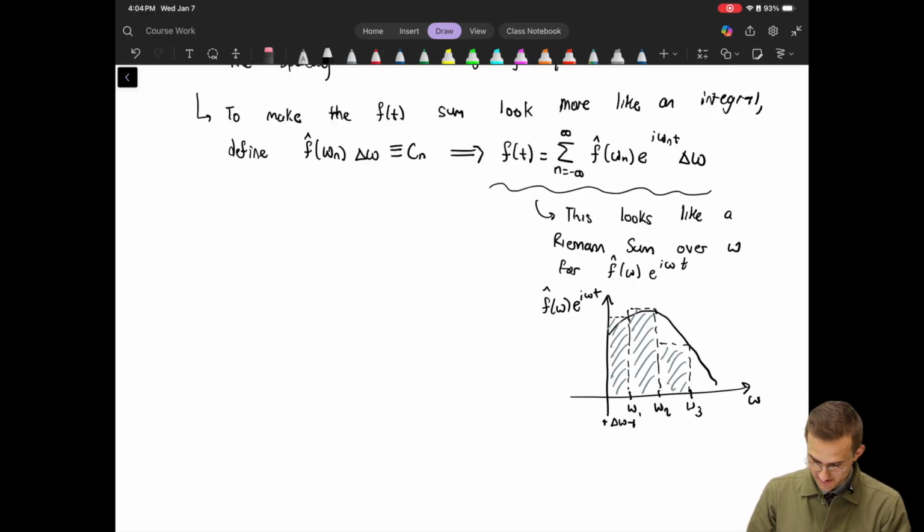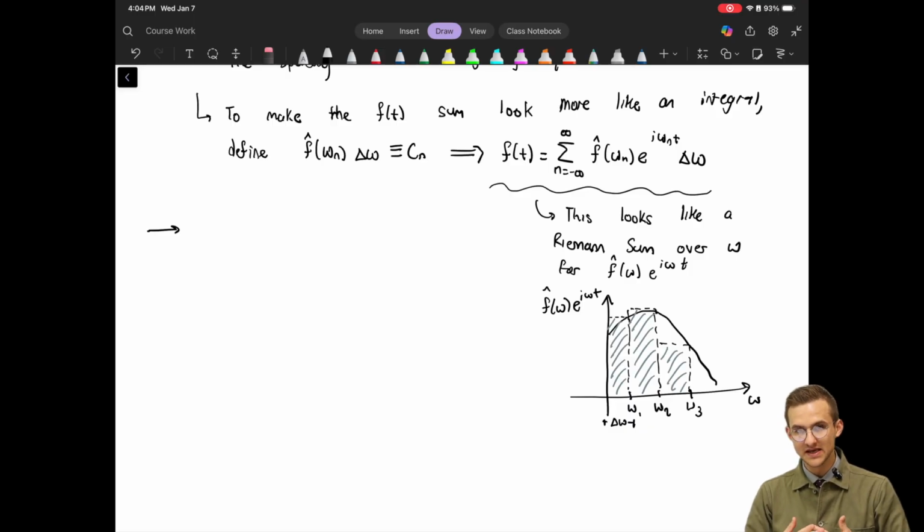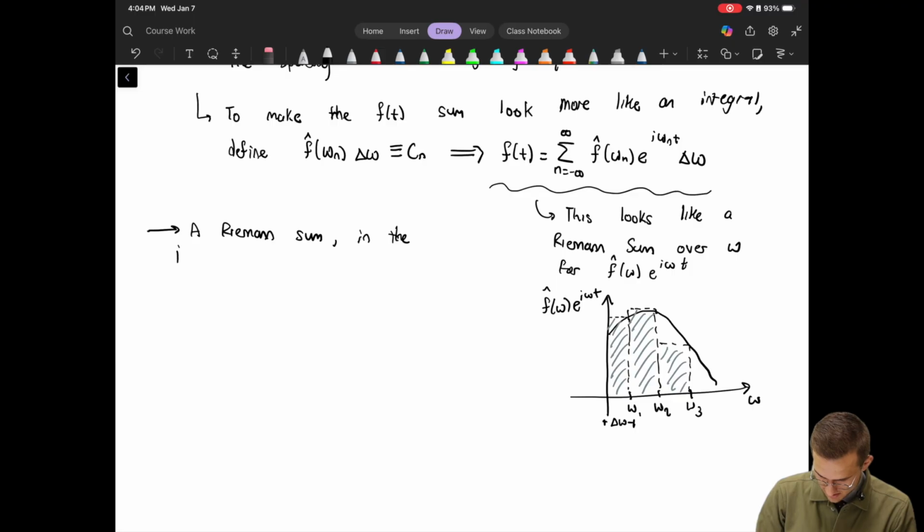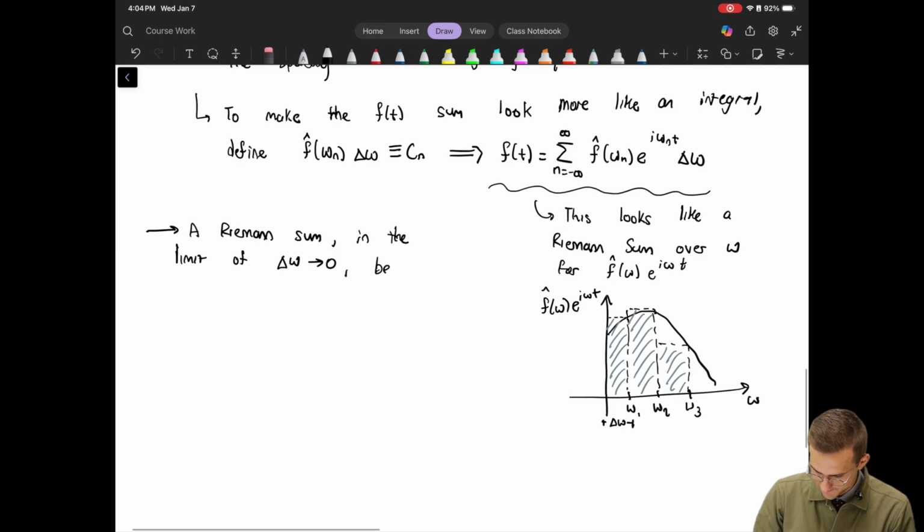That's the central idea for how the integral is actually defined: a Riemann sum in the limit of delta omega going to 0 becomes an integral.